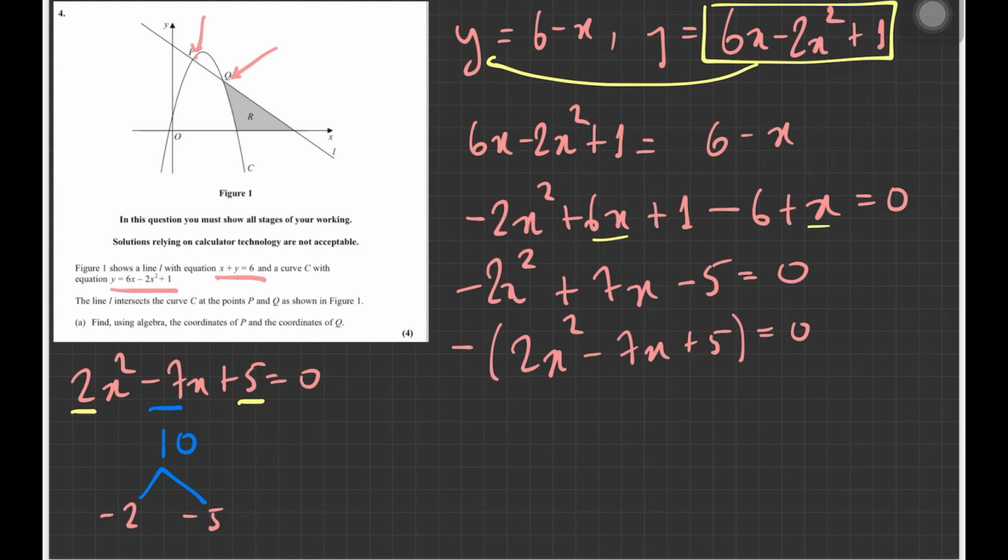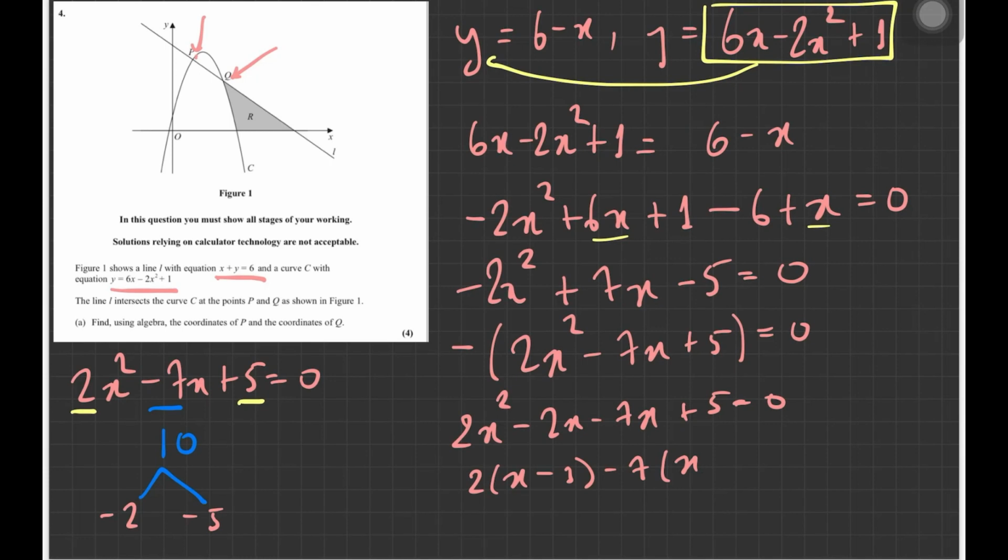Okay, so the next part here is going to be 2x squared minus 2x minus 7x plus 5 is equal to 0. Now if I factorize this, I will get 2x minus 1 minus 7x.